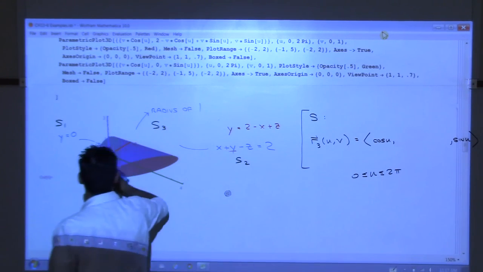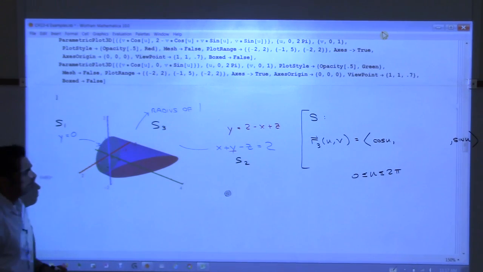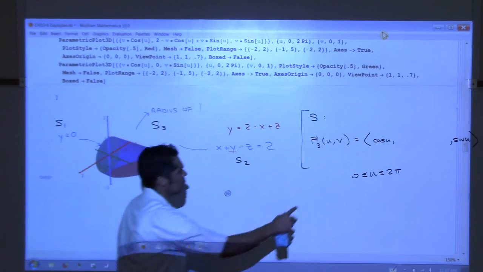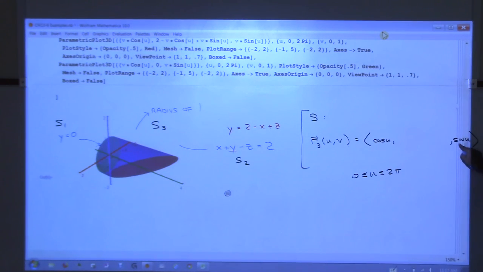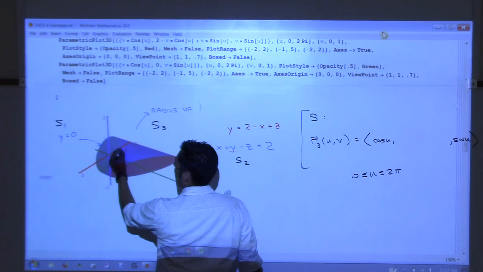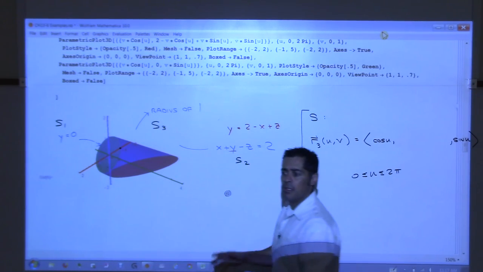Give me a u. Pi? Okay, so if u is pi, where are we? Cosine pi, sine pi. We're at -1 for x, and 0 for z. So that would be like back there, right? That's where we would be?